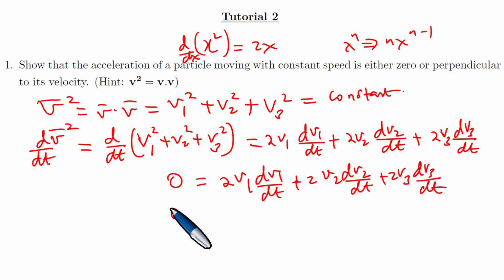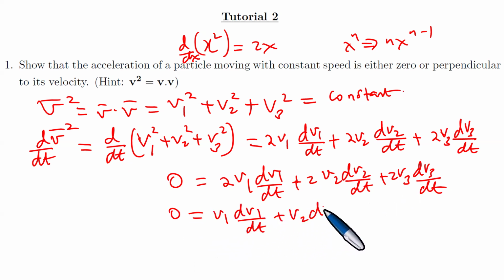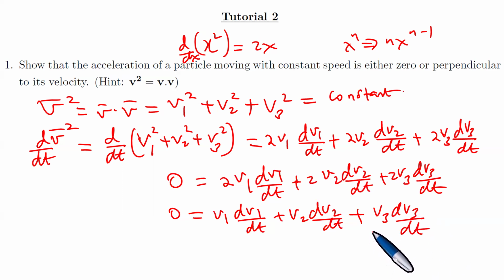Divide through by 2: v1 dv1 dt, v2 dv2 dt, v3 dv3 dt. Right, so this is what we're able to achieve.